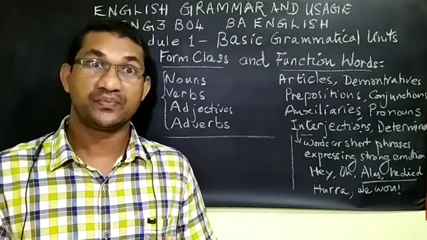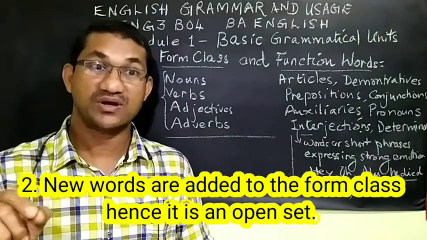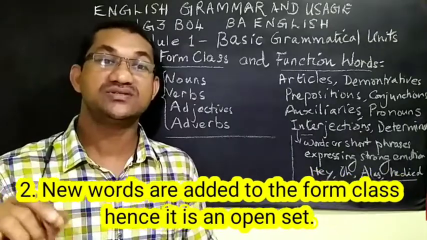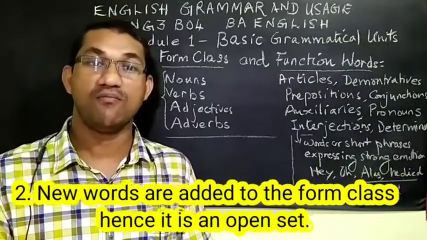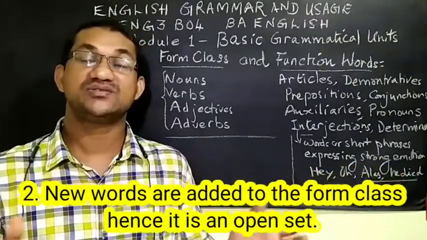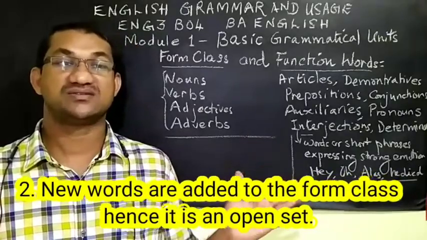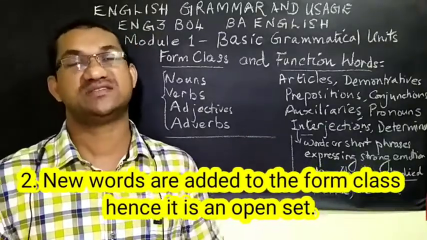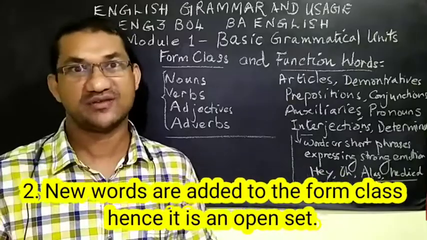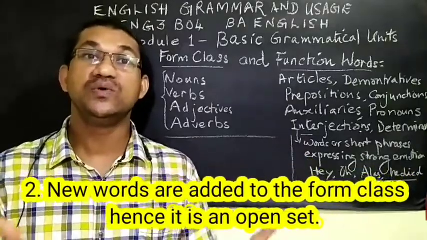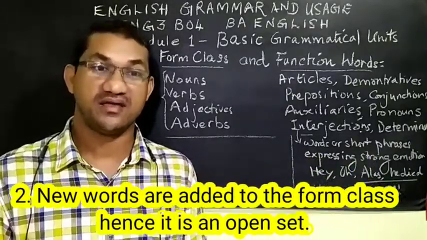Number 2, second feature of form classes: new words are added to the form class. Hence we can say form classes are open set. Look at the English language or any language, new words are added day by day.